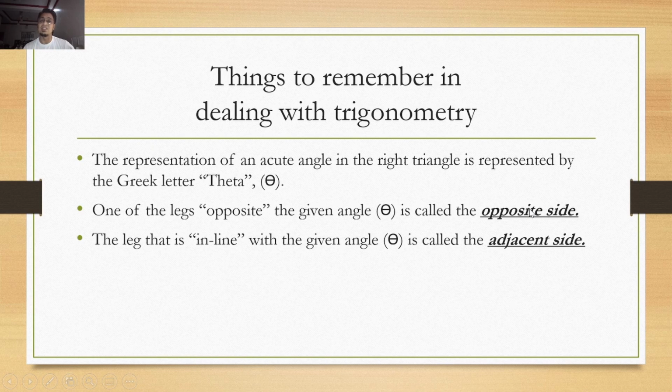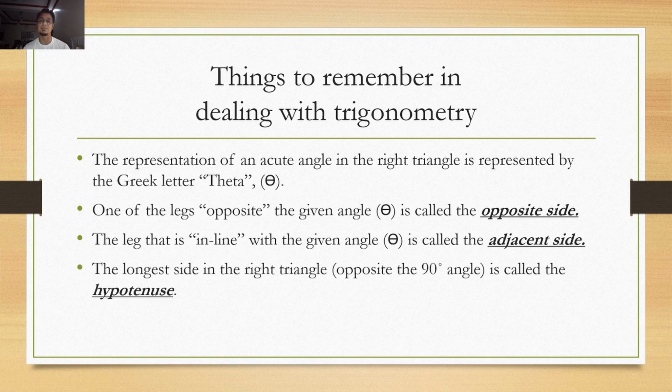Now, the leg that is in line, so kahanay lang po with a given angle, of course, hindi po ito yung hypotenuse, is called the adjacent side. Depende sa pronunciation, both are correct. So, again, the leg that is in line with a given angle, this is called the adjacent side.